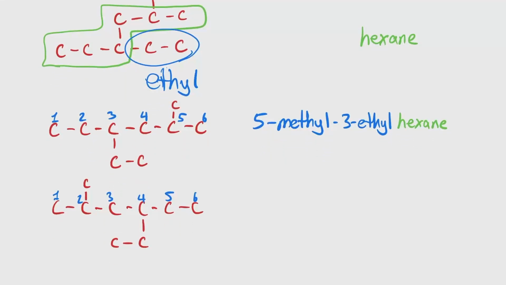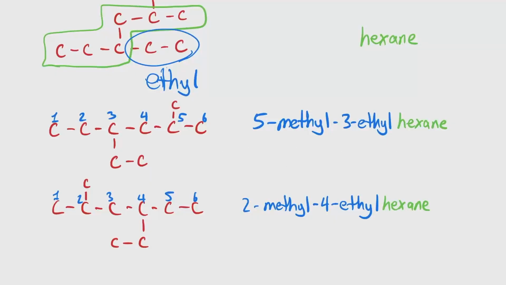I've mirrored it left to right. And now what number would our methyl be on? So this would be 2-methyl. And now where's the ethyl? 4. So it'd be 4-ethyl. And it's still hexane. So those are the 2 possible options that we can come up with.